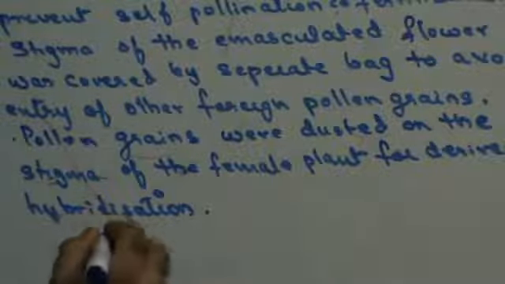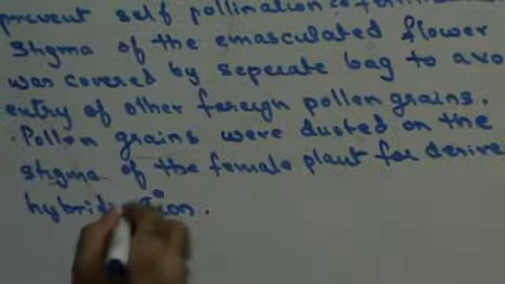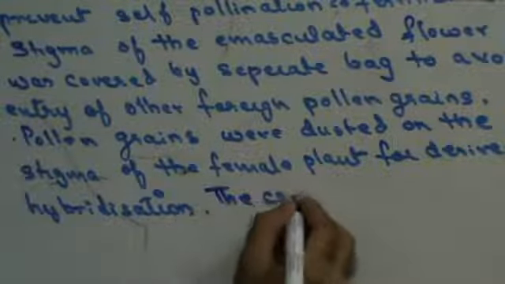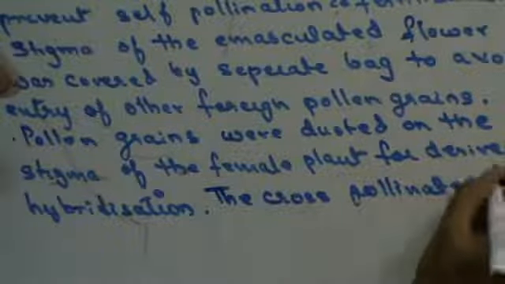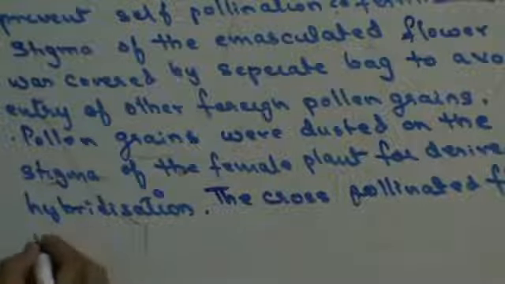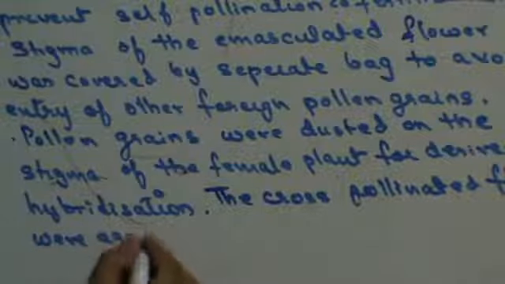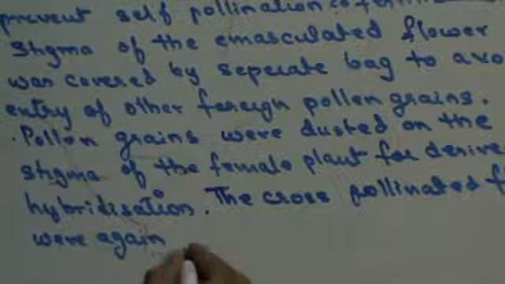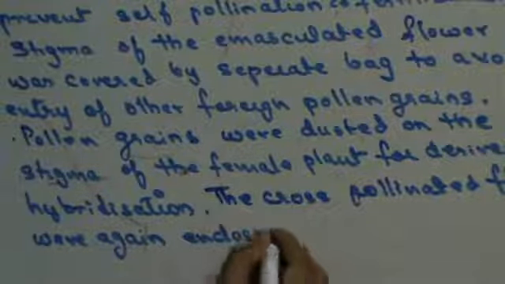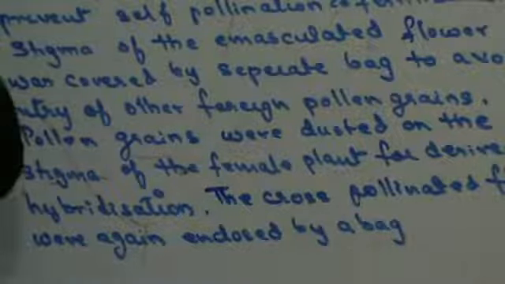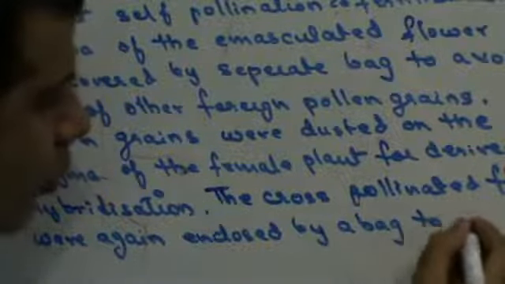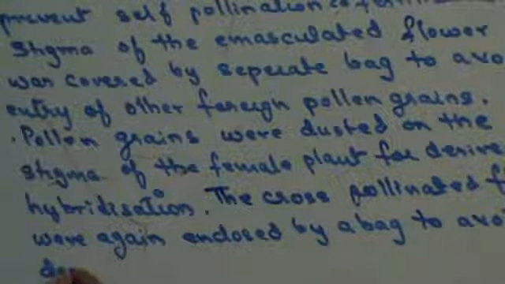So the cross-pollinated flowers were again enclosed by a bag to avoid deposition of foreign pollen grains.